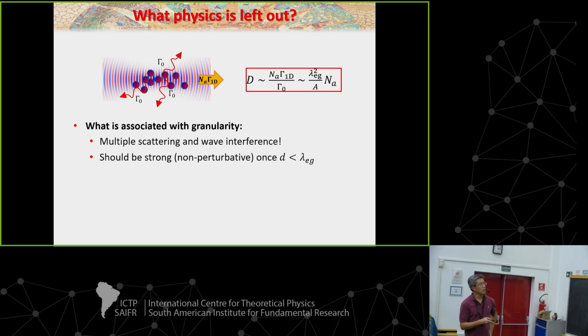But what makes the problem especially rich for atoms is that you expect this multiple scattering might be strong or even non-perturbative once the distance between atoms becomes sub-wavelength. The picture is that each atom has a scattering cross-section that's about lambda in size. So once the distance between atoms is sub-lambda, these scattering cross-sections start to overlap with one another. And then you can imagine that your naive approach of calculating scattering would start to break down.